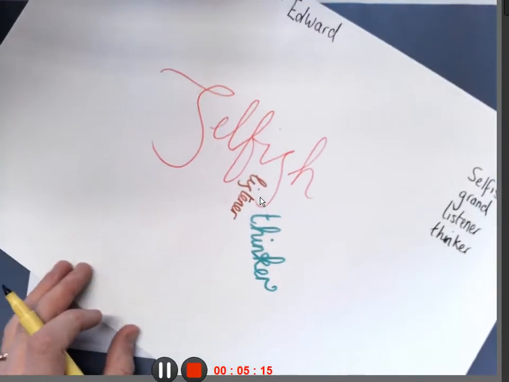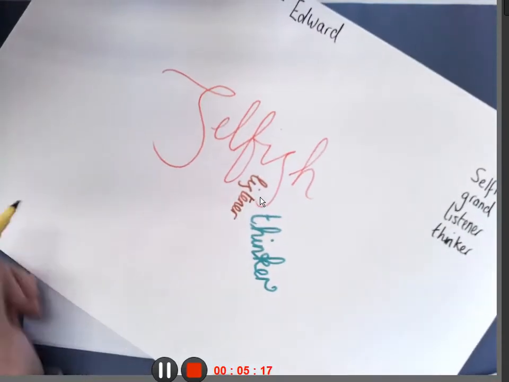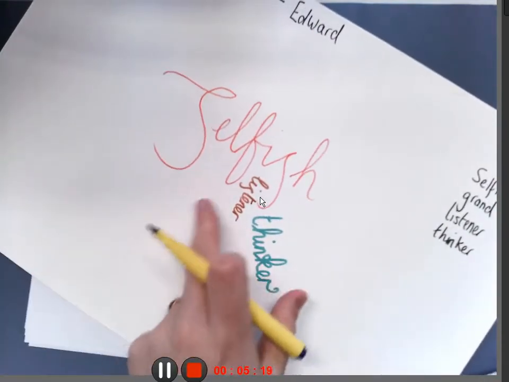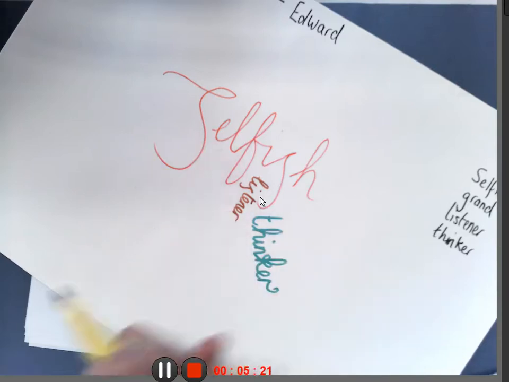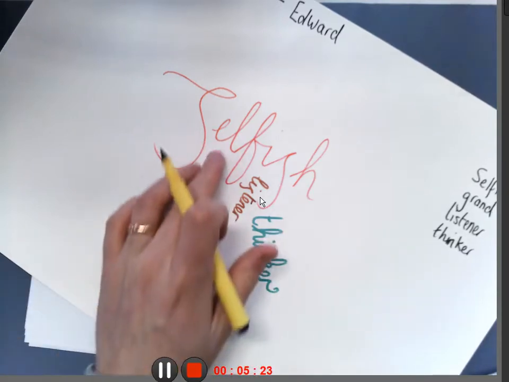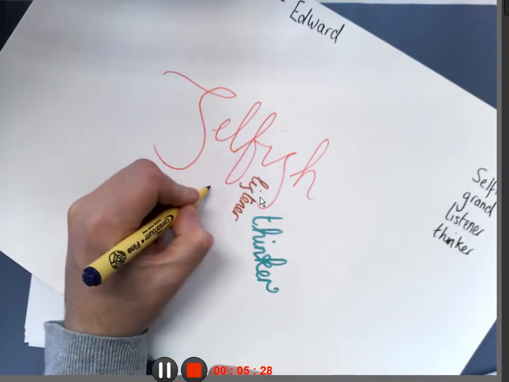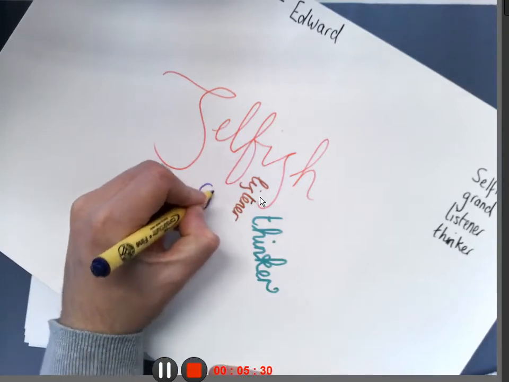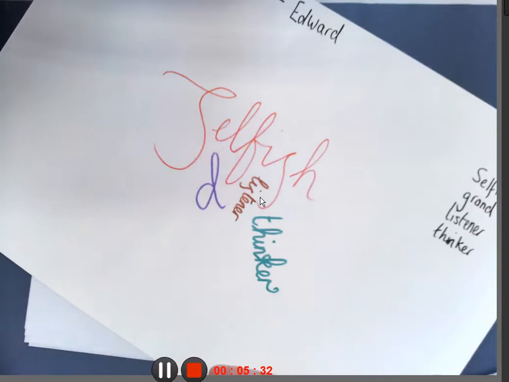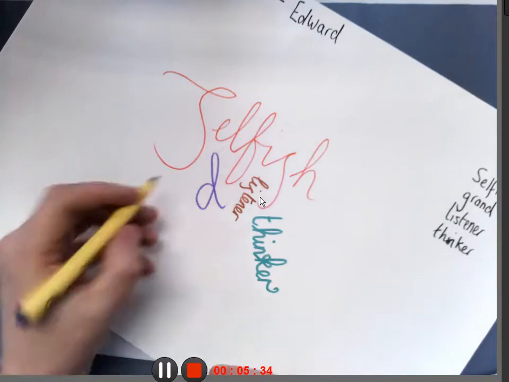So I'll turn my paper the other way, and I'm thinking, actually, I've got to think where my D is going to end up. So I want my D to end up in there, don't I? So I'm going to do my D first, actually. I'm going to go D there. Then I want grand to go along here.